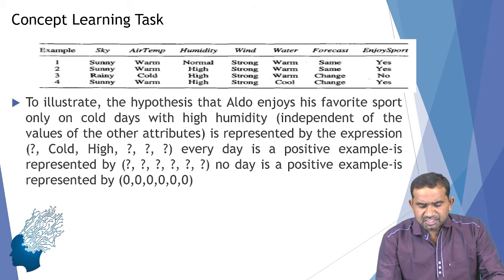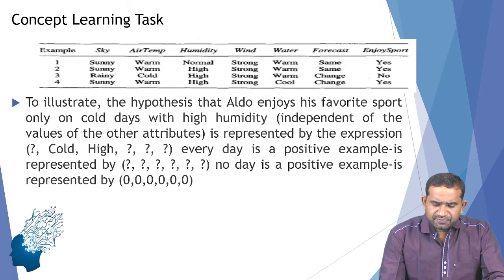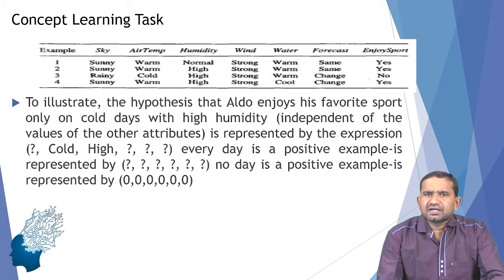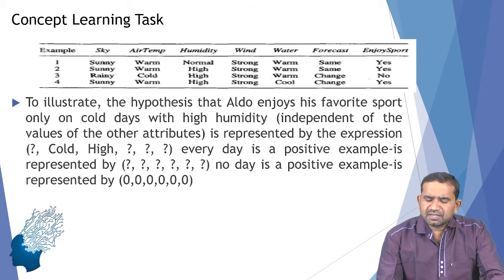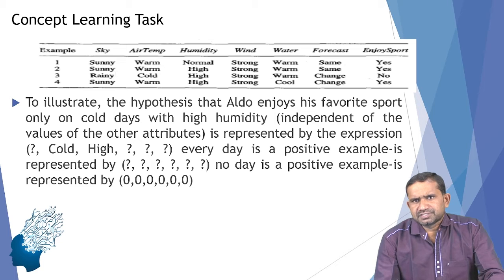In this representation of concept learning, the question mark means you can accept any attribute value, whereas 0 means it is a null value, meaning no attribute value is accepted.